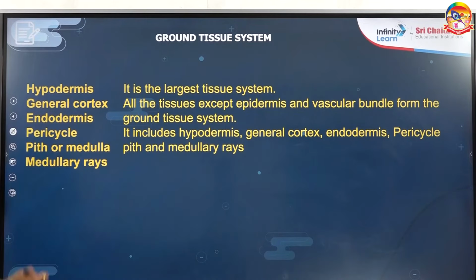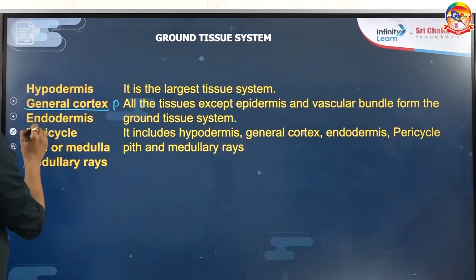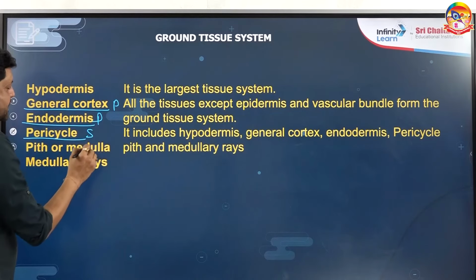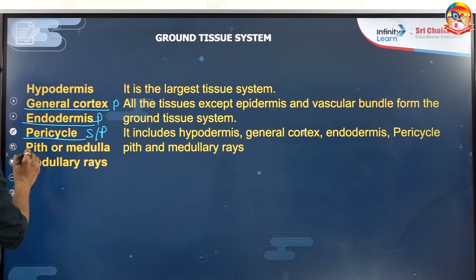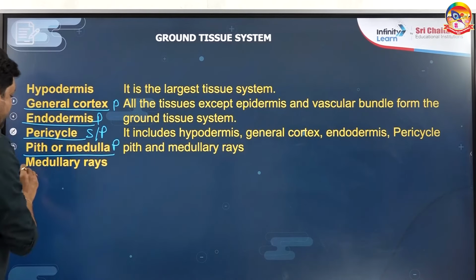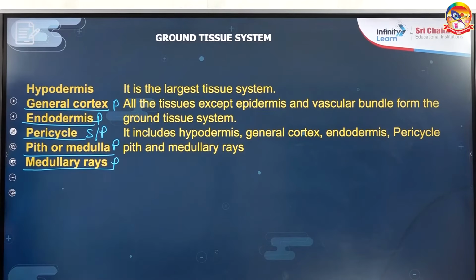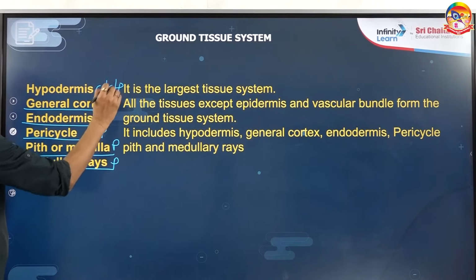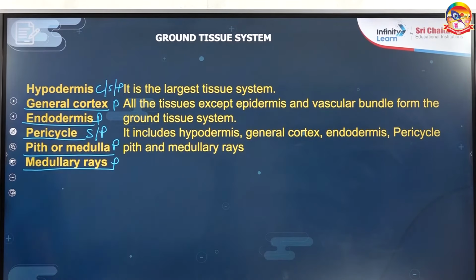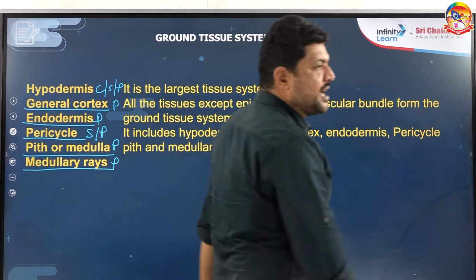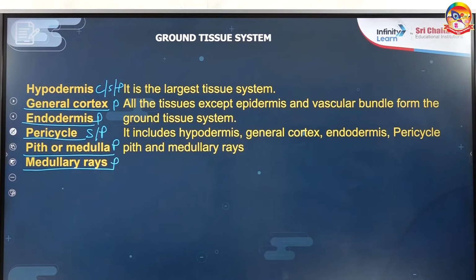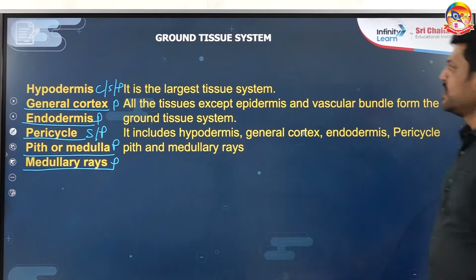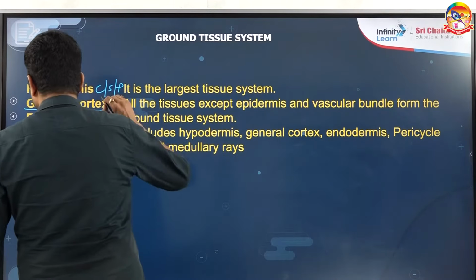The general cortex is always parenchymatous. Endodermis always parenchymatous. Pericycle, somewhere sclerenchyma, somewhere parenchyma. Pith or medulla, parenchyma. Medullary rays, parenchyma. So hypodermis may be collenchyma or sclerenchyma or parenchyma. What do you call this parenchyma, collenchyma and sclerenchyma together? Called the ground tissue system.